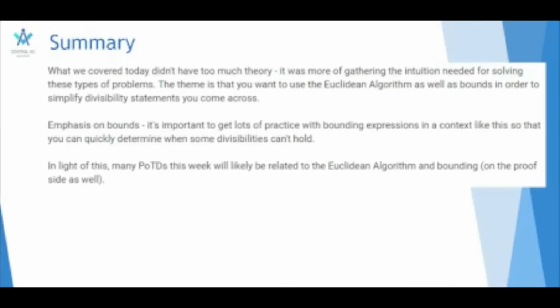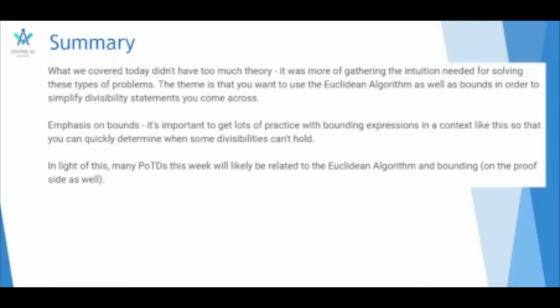There's an emphasis on bounding here. You really need to get a lot of practice with these bounds so you can easily tell when one expression is larger than the other so that divisibility can't happen. Usually it saves time and you can notice that right off the bat instead of proving something that might not even be true.